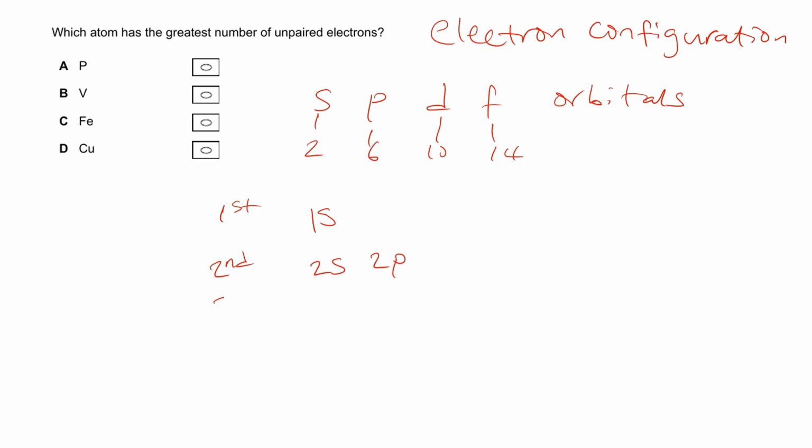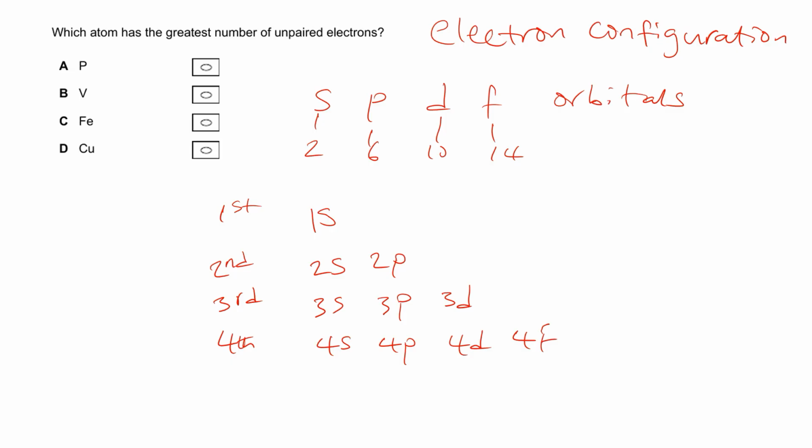The third energy level has 3s orbital, 3p orbitals, and 3d orbitals, and the fourth energy level has 4s orbitals, 4p orbitals, 4d, and 4f. And we know that each of these orbitals has a maximum number of electrons that it can contain.